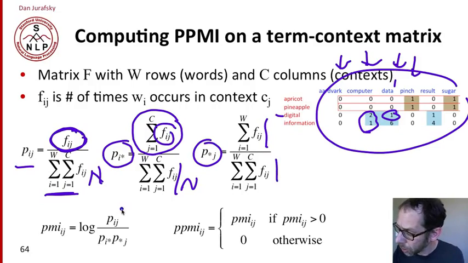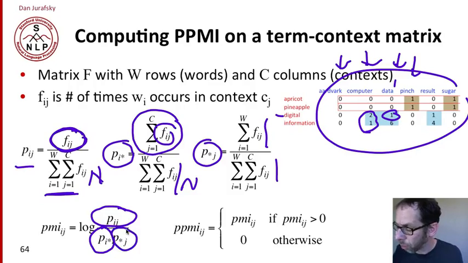And we take the probability of a word and a context occurring together, over the probability of a word times the probability of a context. We take the log, and that's our PMI. And our positive PMI is, if it's less than 0, we replace it with 0.